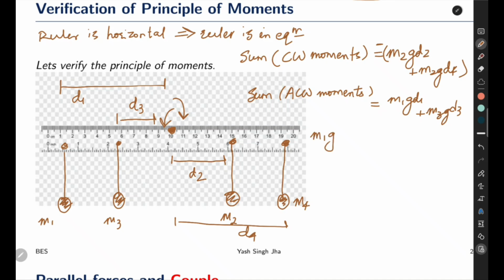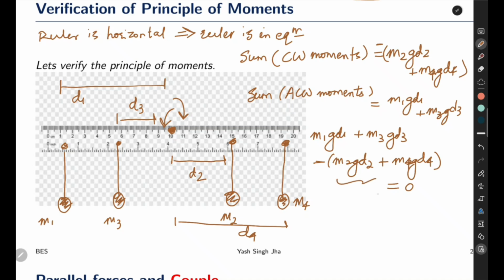So m1g d1 plus m3g d3 minus m2g d2 minus m4g d4 equals 0.